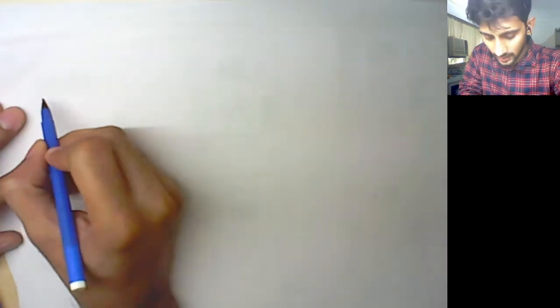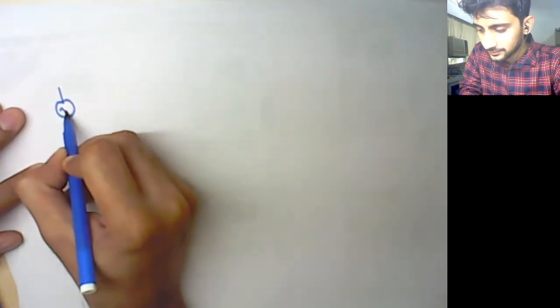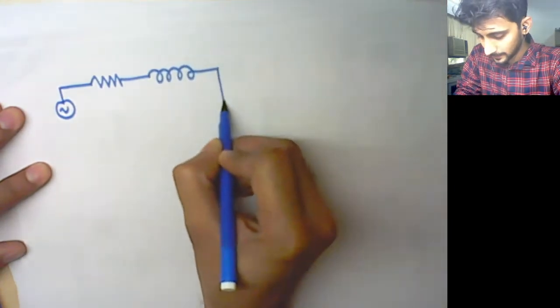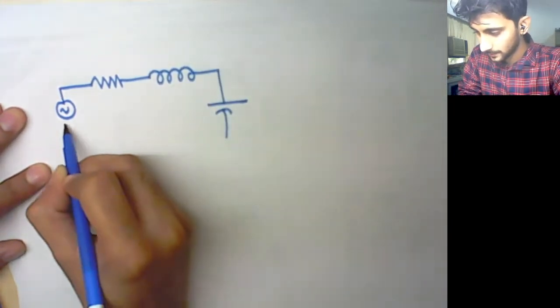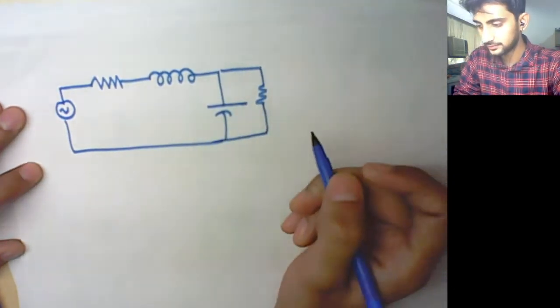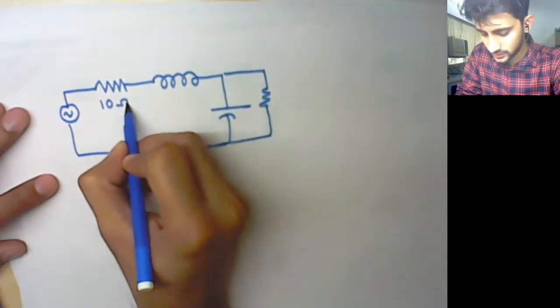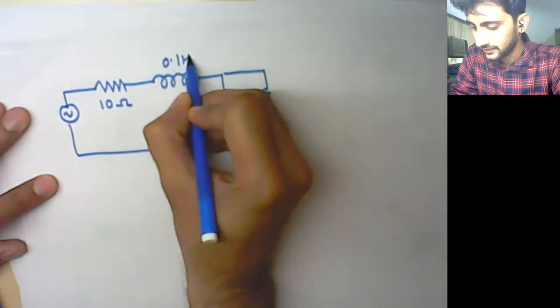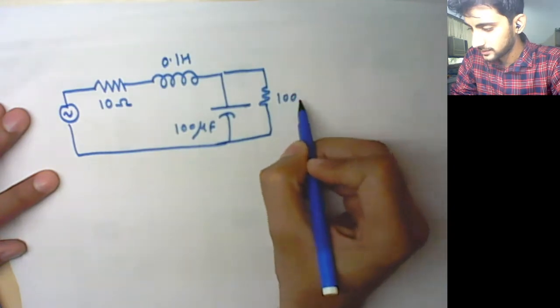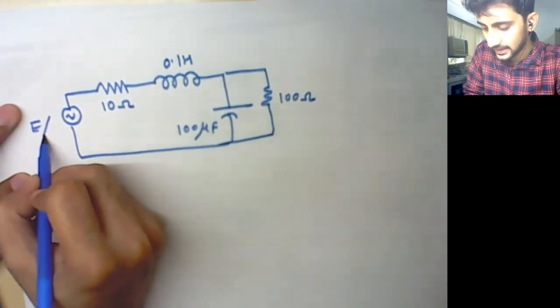So the question now goes something like this. Okay, and the values are 10 ohms, 0.1 henries, 100 microfarads, 100 ohms, and this is E angle 0.